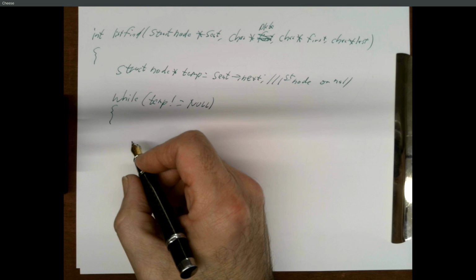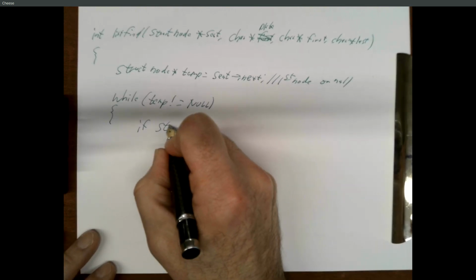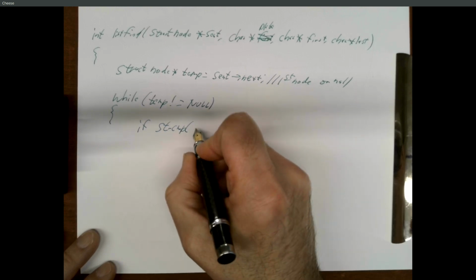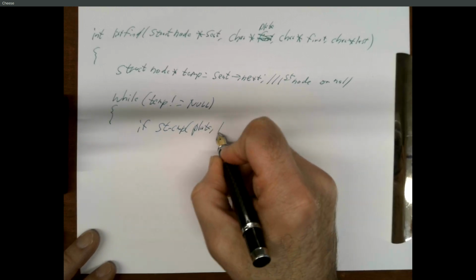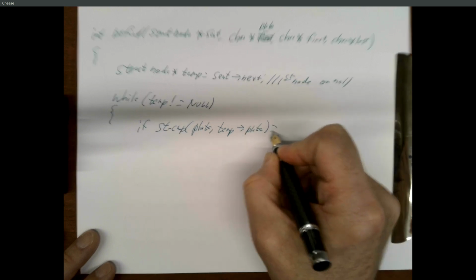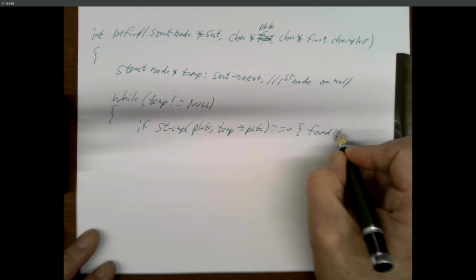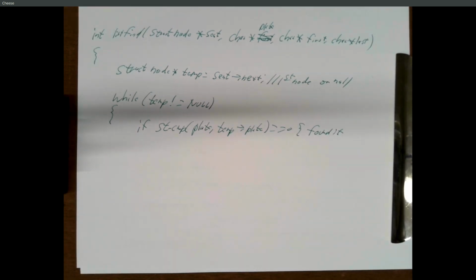So how do we search for strings? We have to use string compare. So string compare the plate that we're searching for and this node's plate is 0. Then we found the license plate.